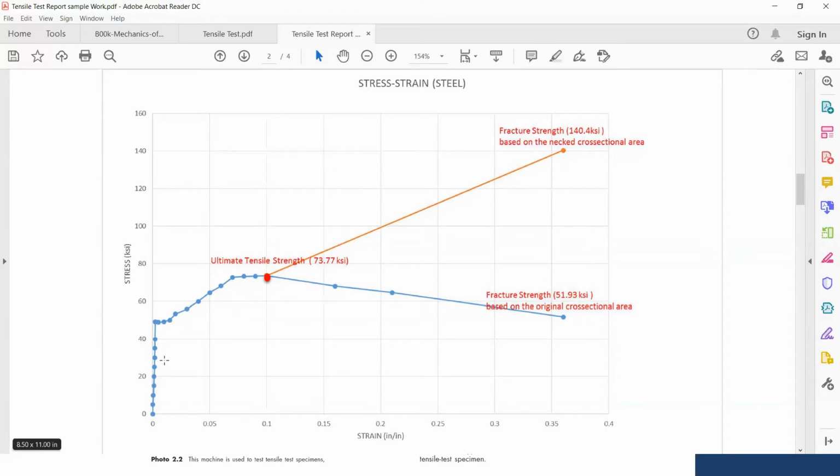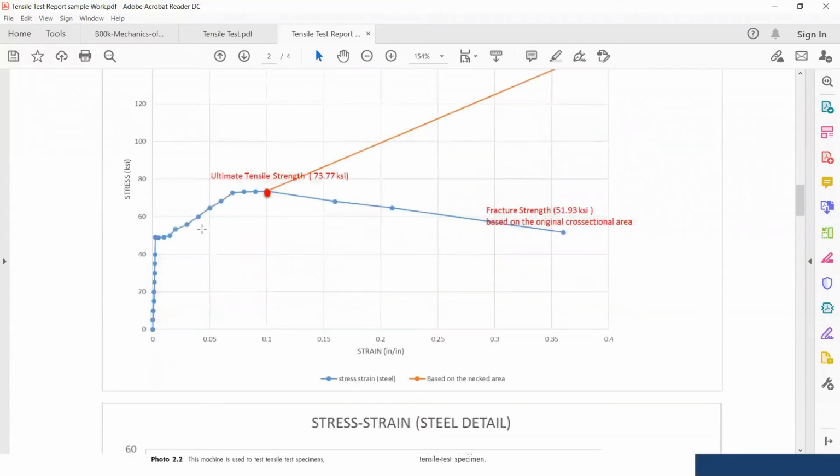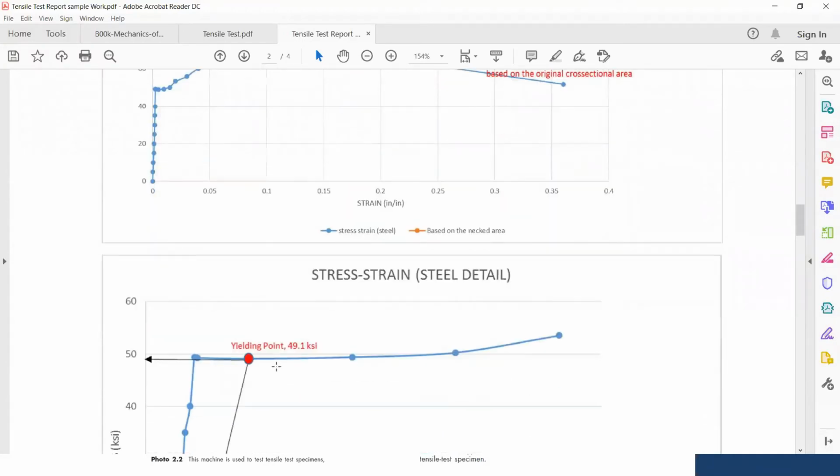So if we are selecting a material, we use the yield strength instead of ultimate tensile strength. Because if you use the yield strength, you stay in the safe zone. So your design is safe even if you have 50 KSI loads, or 49.1 in this case.